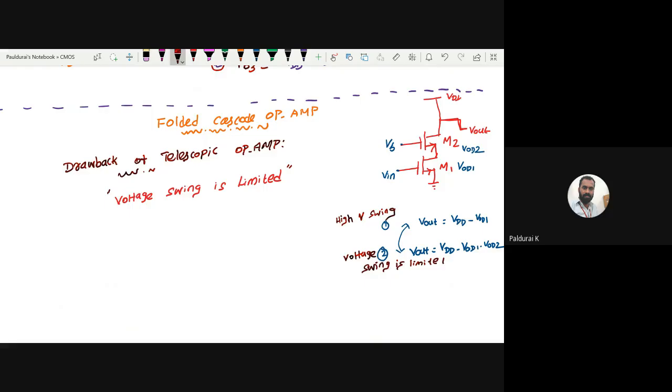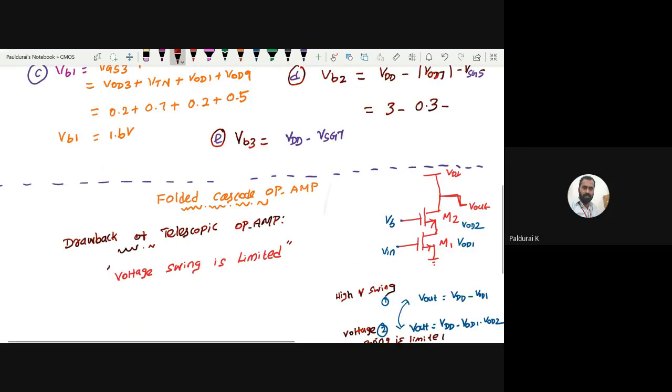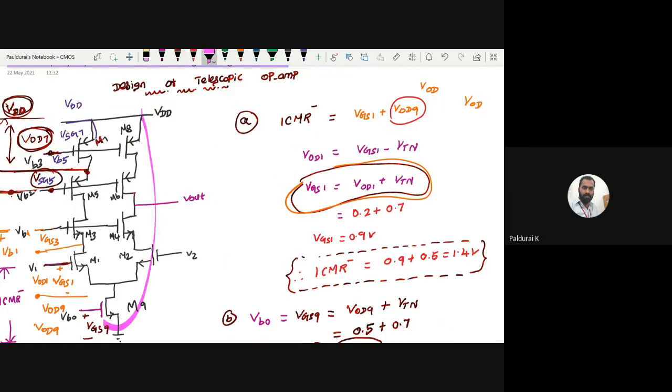That is the drawback of the telescopic op-amp, right? The voltage swing of the telescopic op-amp is VDD minus 4 transistors. How many transistors are in the stack? Totally 5, including the tail current source. We cascaded 5 transistors in a stack.